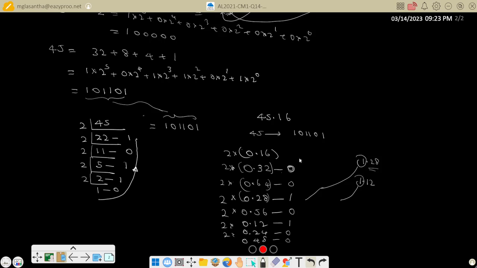Now, this is not terminating, so you can calculate several places and stop. But you count in this direction, very important. You count in the downwards direction. Here, for the integer part, it was upwards, but this thing you take downwards.